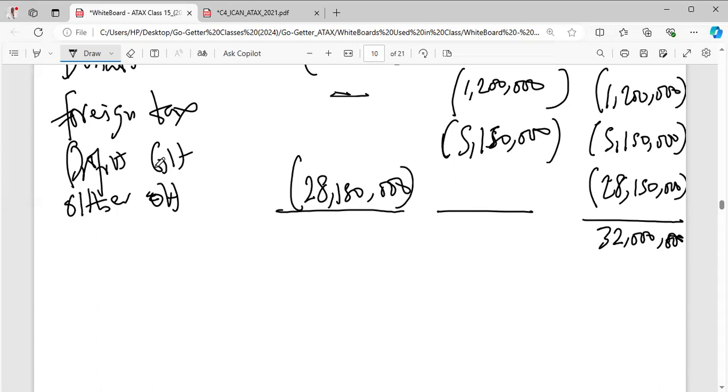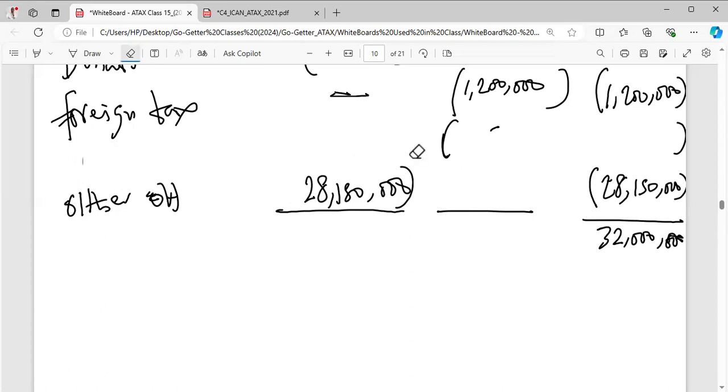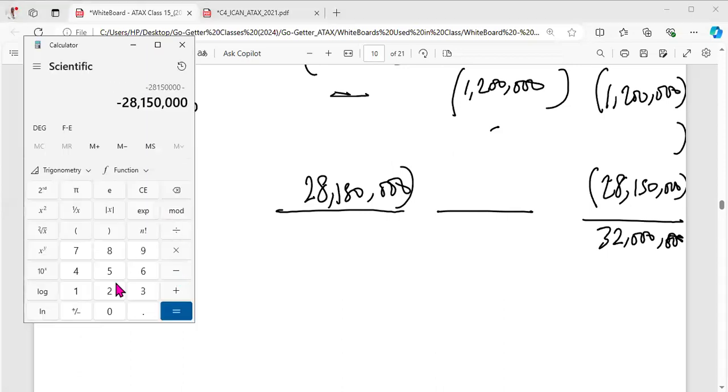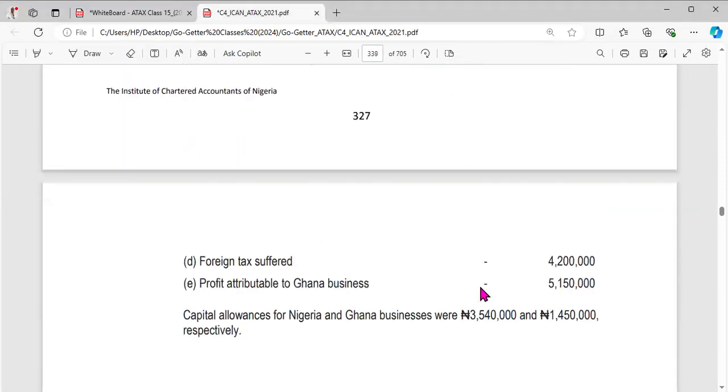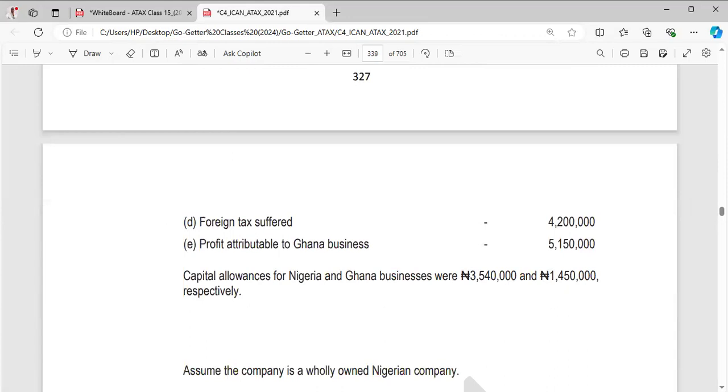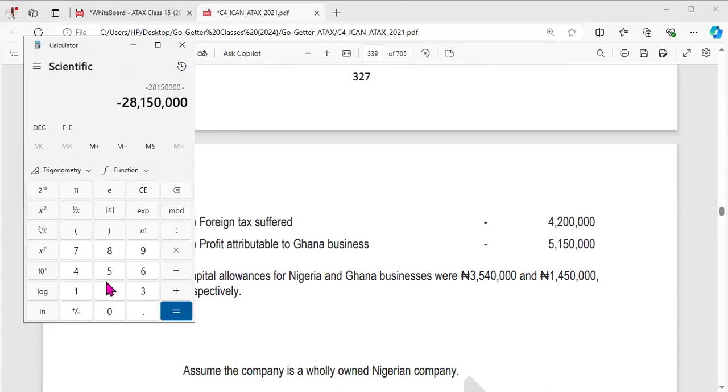Okay. And what I'm seeing here, I've missed a point. I have to add this 5150 to the overhead to increase it, which gives 33,300.